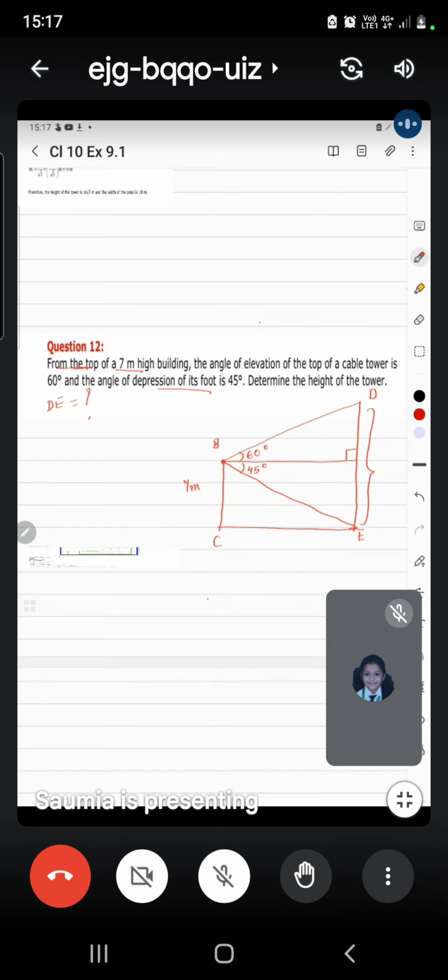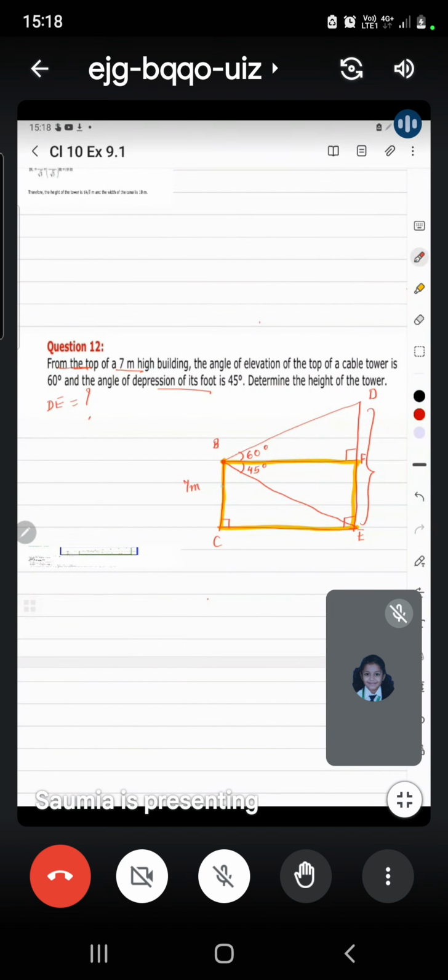I know my tower is going to be 7 plus something, correct? Can you see a rectangle in the figure? Yes, ma'am. The building as well as the tower are at right angles to the ground. So automatically, I have a rectangle here.